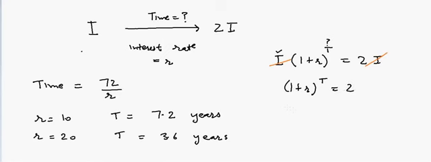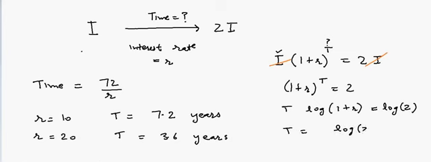Further, if you take log on both sides, it will be t times log of (1 plus r) is equal to log of 2, or t is equal to log of 2 divided by log of (1 plus r).